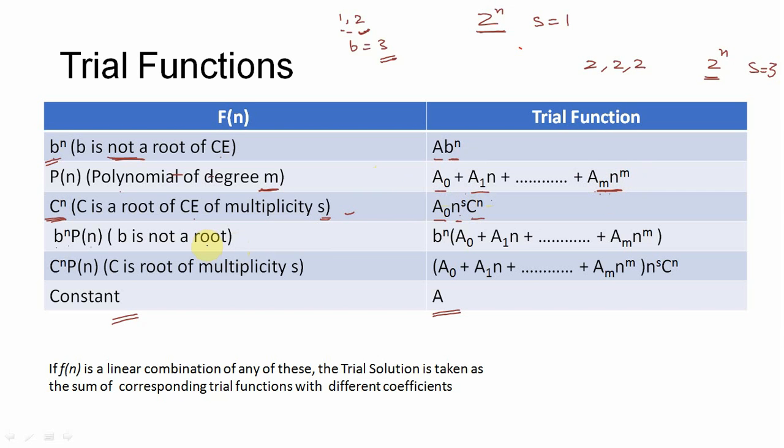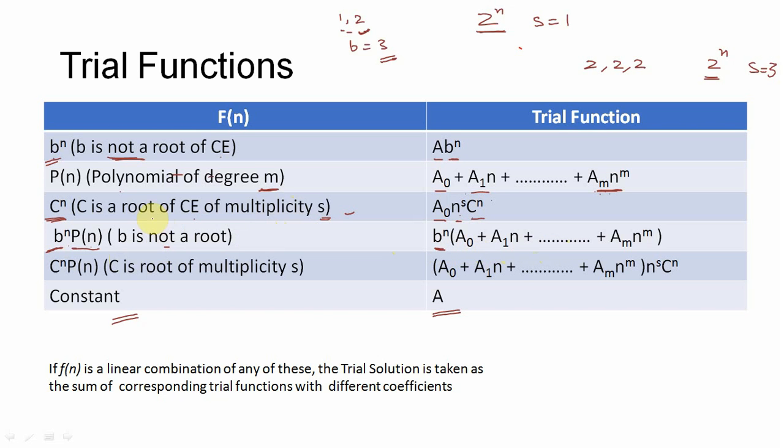If the function fn is of the form b to the power n pn, remember b was a value which is not a root of the characteristic equation. So for a function of the form b to the power n pn, where b is not a root, we get the trial function as b to the power n and a0, a1n and so on.